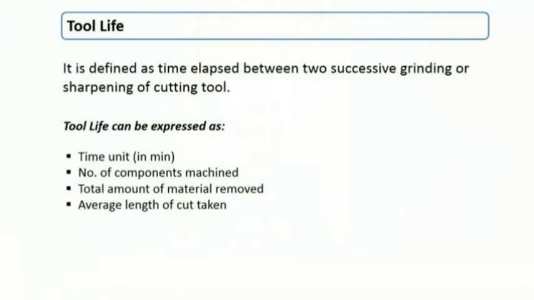So one is in time units. Say the tool life of this tool is 30 minutes. Another measure is the number of components. Say the tool life of this tool is 50 components. That means it can machine 50 components, then you have to replace the tool or resharpen the tool.